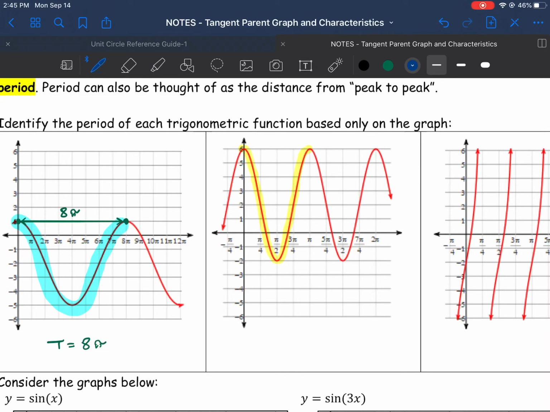And if I look at peak to peak, here's 0, here is pi, and the horizontal distance here from 0 to pi is just pi. And we can even see the pattern repeated again here. So if I put another point here, we can see from here to here, we have another cycle, another period of pi. So here our period would be T equals pi.